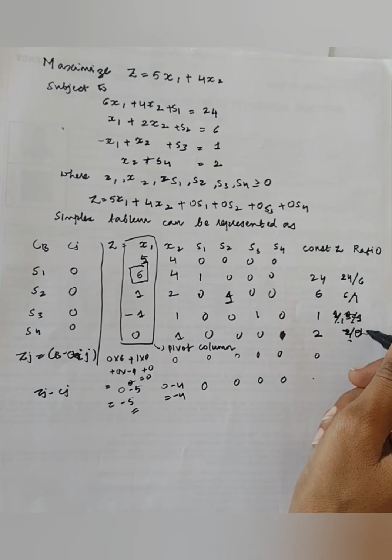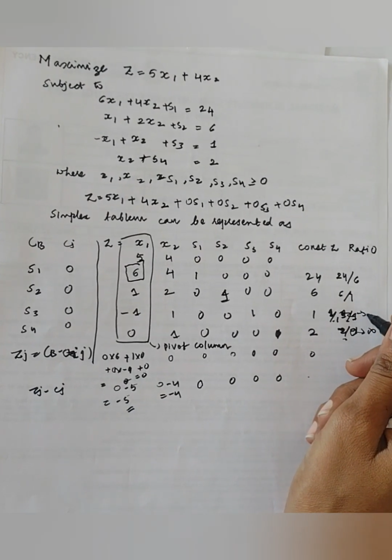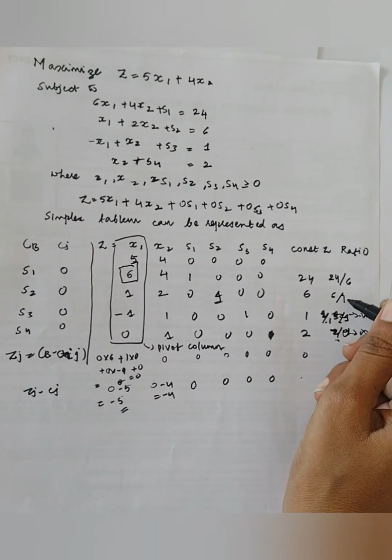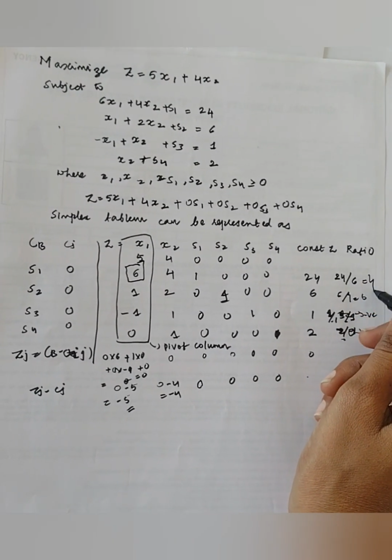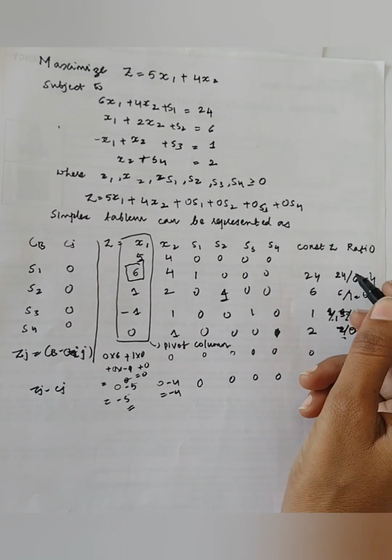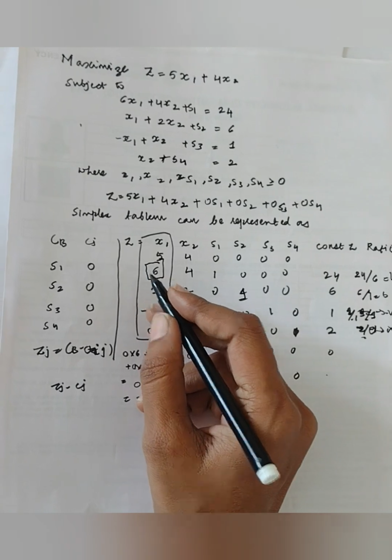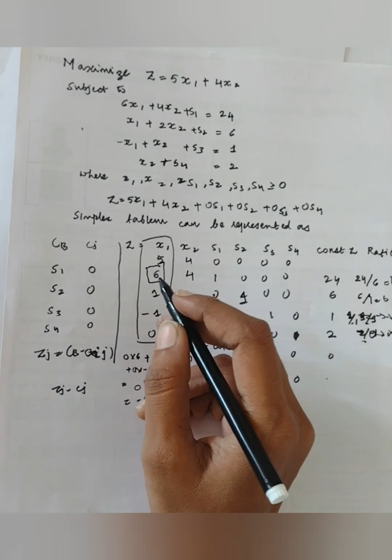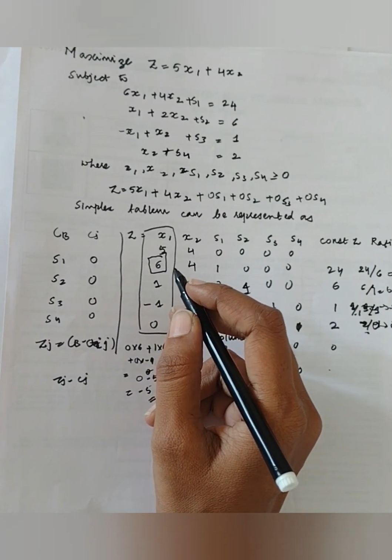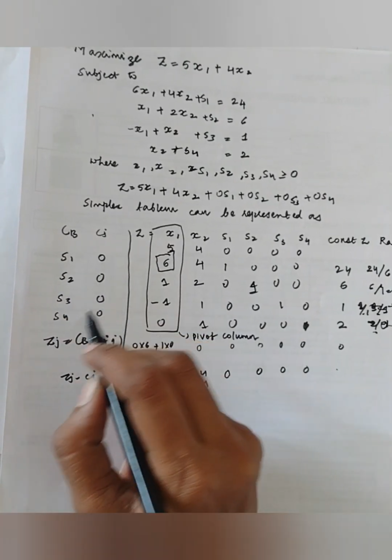The negative and the division by zero give infinity, so ignore them. The ratios are 4 and 6. Take the minimum value, which is 4, and the corresponding element in the pivot column is called the pivot element. These are row 1, row 2, row 3 and row 4.